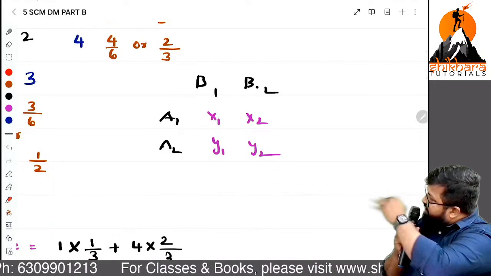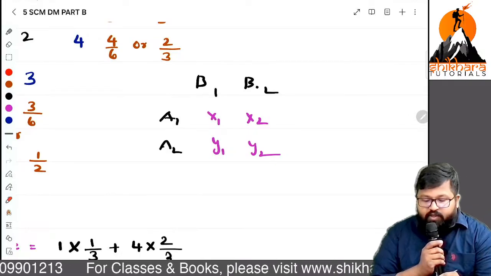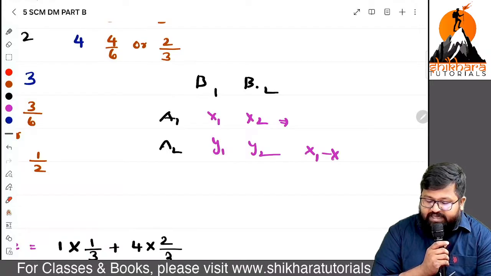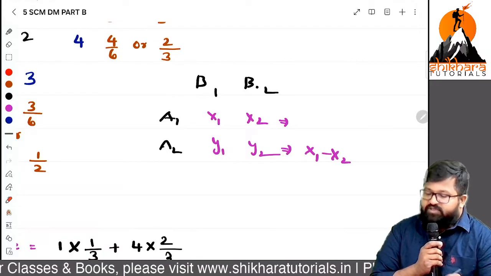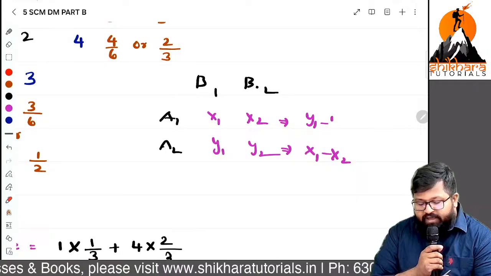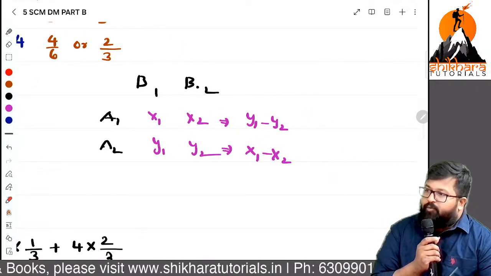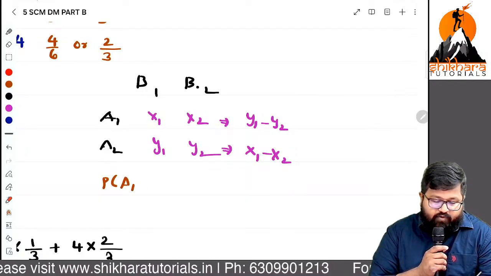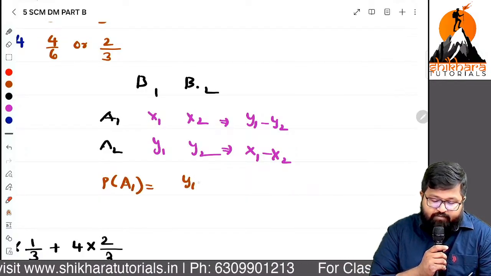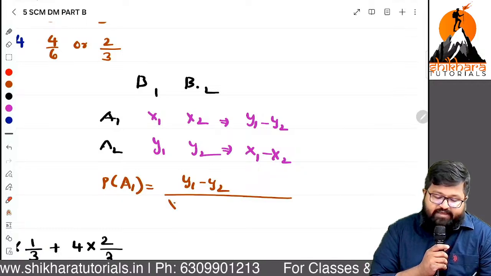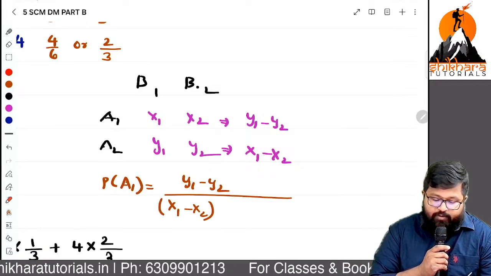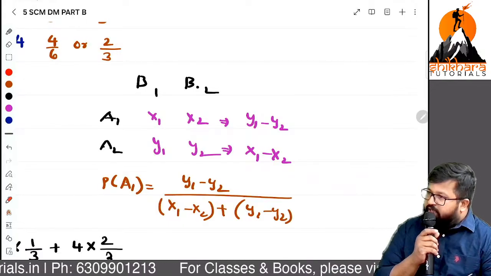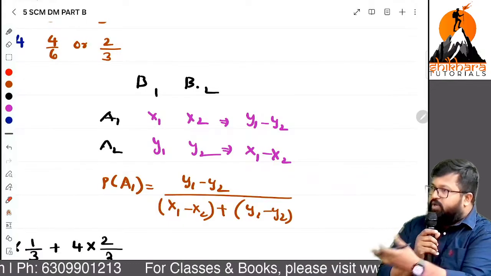For example, in the same question, what is the difference between these two values? X1 minus X2. And what is the difference between these two values? Y1 minus Y2. Can you tell the probability, first for A1, P of A1? What is the probability there? Y1 minus Y2 by X1 minus X2 plus Y1 minus Y2. Assume the values, then you will get the probability.